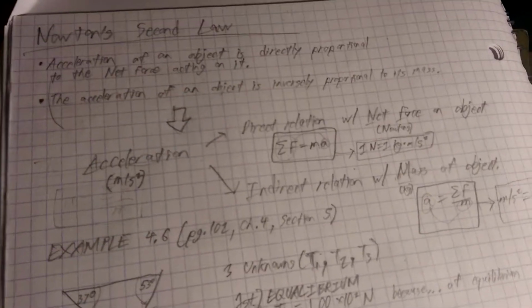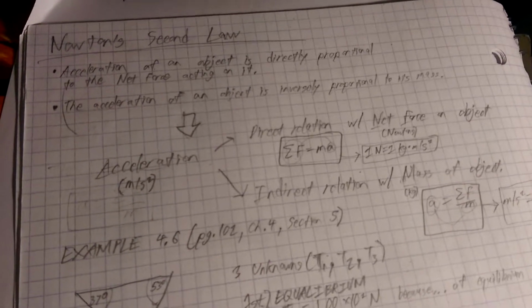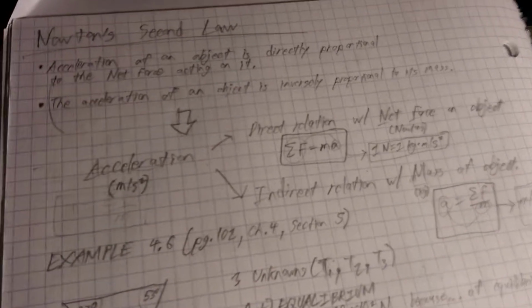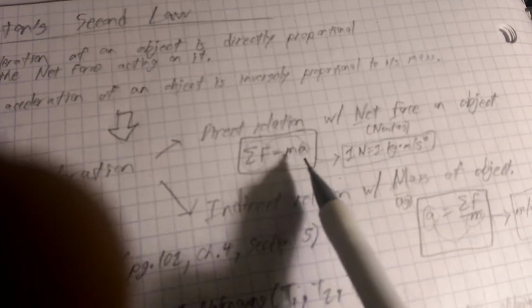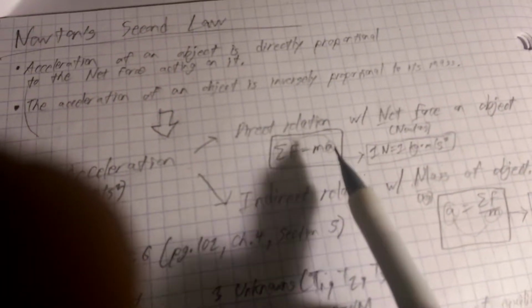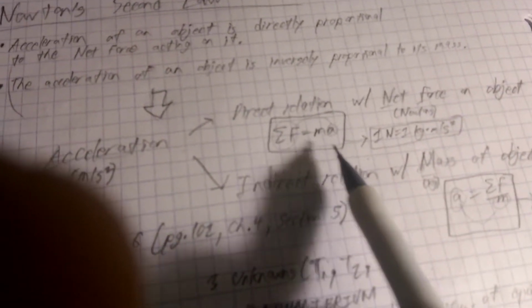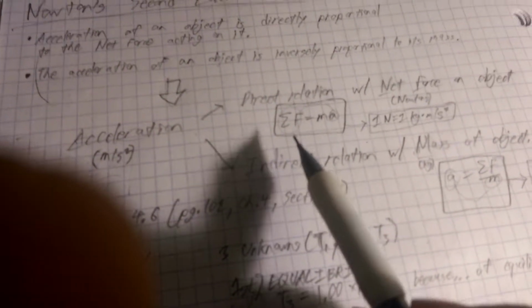It applies that the acceleration of an object is directly proportional to the net force acting on it. And with that, you can see in this equation right here that if you raise or lower the acceleration, it will directly affect the force of the object.